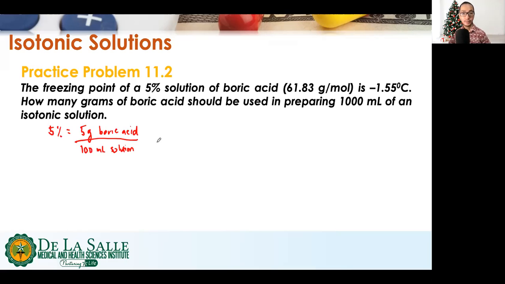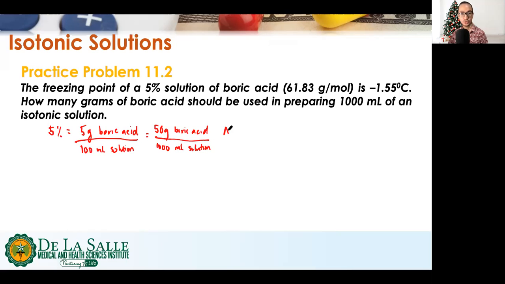To be able to use our formula, we need to make sure that our solution is always in 1,000 grams or 1 kilogram of the solvent. And so we will just convert this to 50 grams of boric acid, and this will be 1,000 ml of solution.